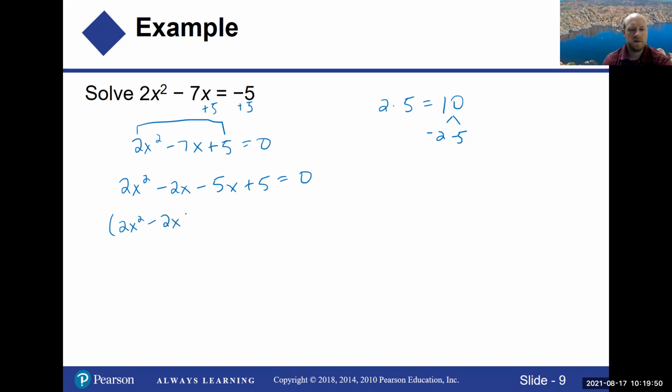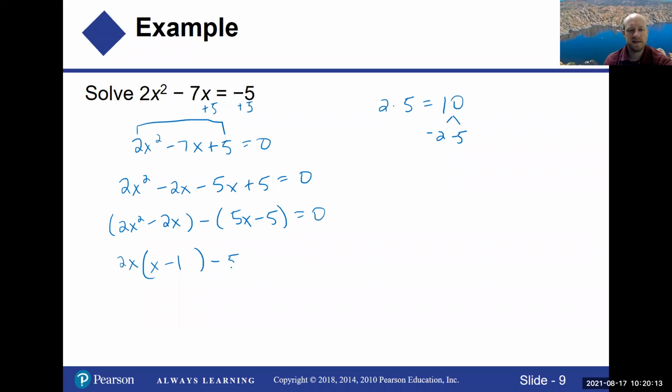Okay. So if you don't want to do this step right here where I group these terms together, you don't have to write that out. If you can do that in your head, that's fine. But I just write it out so we can all stay on the same page. So in this parentheses, I can take out a 2x, which leaves me with x minus 1.